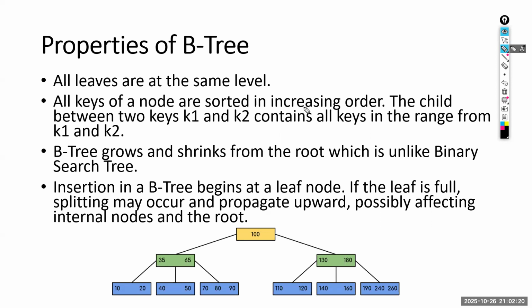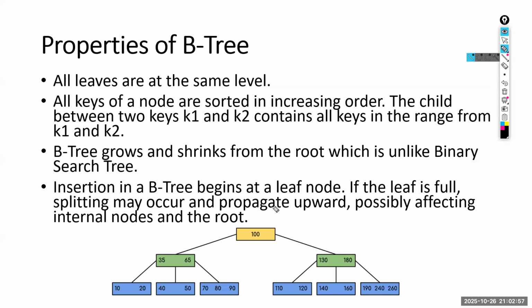So these B trees are used heavily in indexing, database indexes, or file indexes. There are different types of indexes like hash index, linked index, and another popular type of index is the B tree index. Unlike the normal binary trees, it grows from the root, top to bottom, not bottom to top.